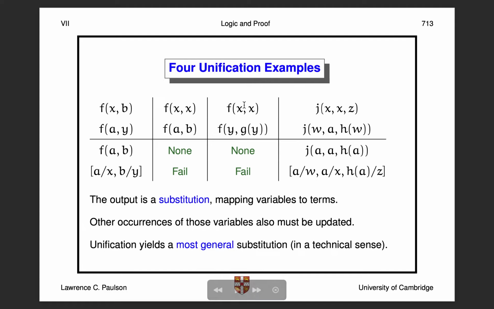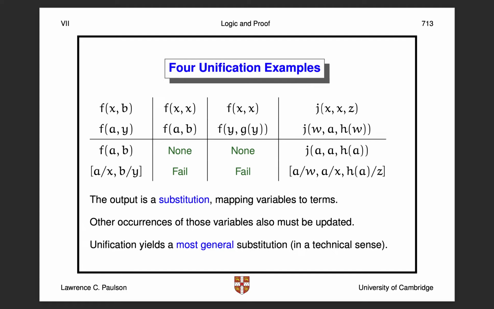Therefore, intuitively, there is no common instance of these two terms. What will actually happen here is it will say, okay, x and y are the same variable, so it might come up here and say this x here is now y. Now I need to replace y by g of y. So I'm replacing y by a term containing y itself, which is not allowed.